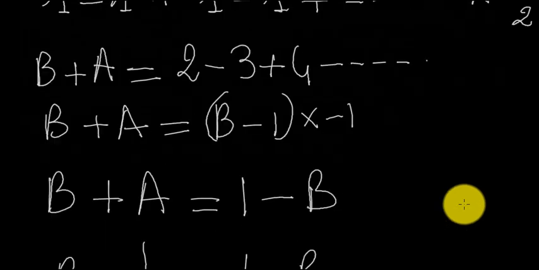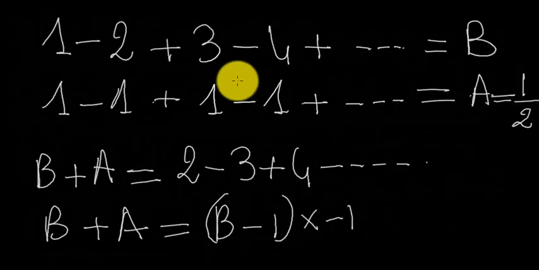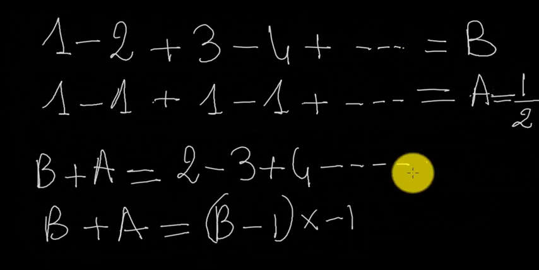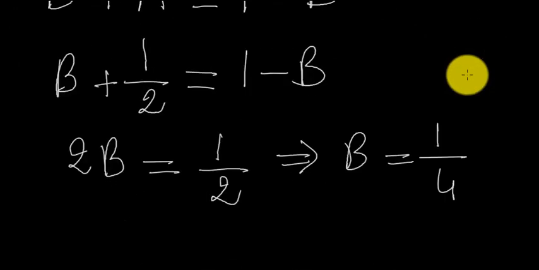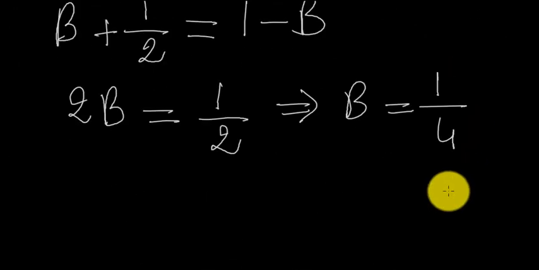So we found that if we assign b to this sum, and given that we have already assigned a to this sum and found a equals 1/2, then b will be equal to 1/4.